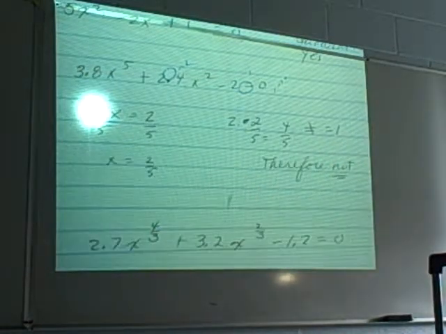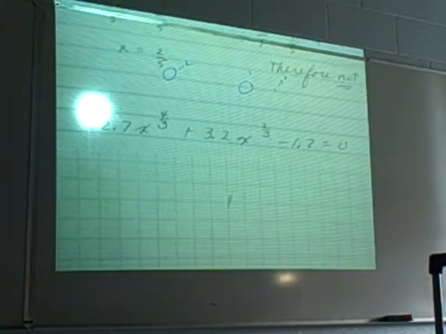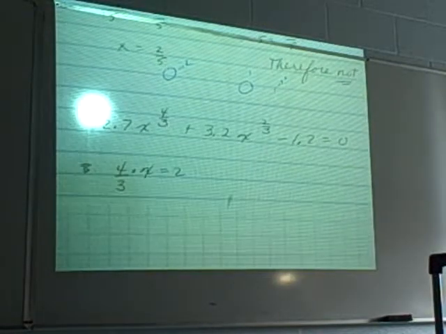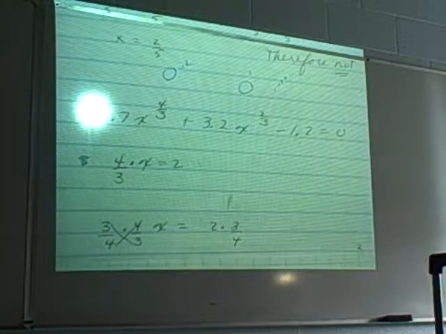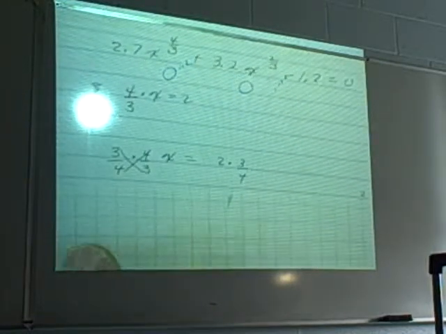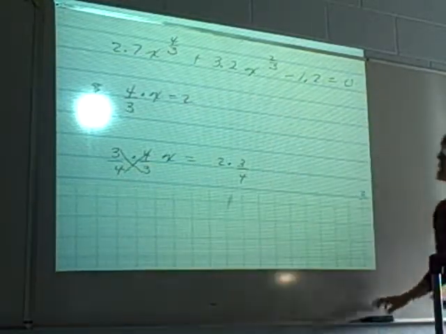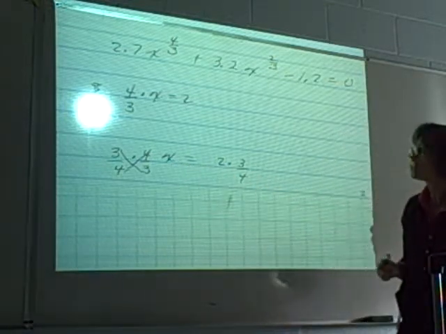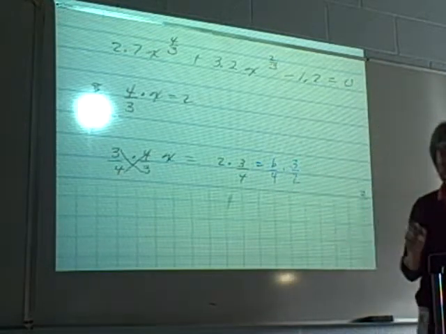Okay, I'll do the next one. I did number 14. Same deal. What can I multiply 4/3 by that will equal 2? So I said, 4/3 times what will give me 2, and I solved it algebraically. I got rid of my fraction, and I ended up with x equal to 6/4 or 3/2.